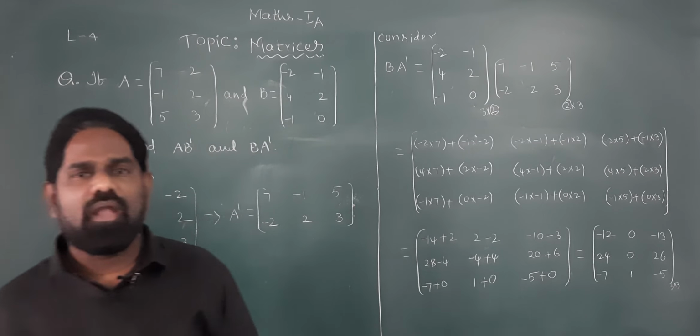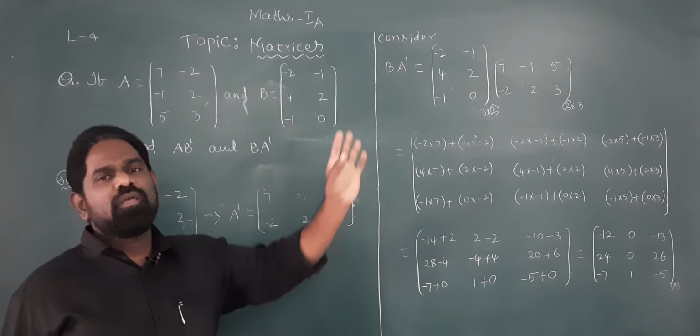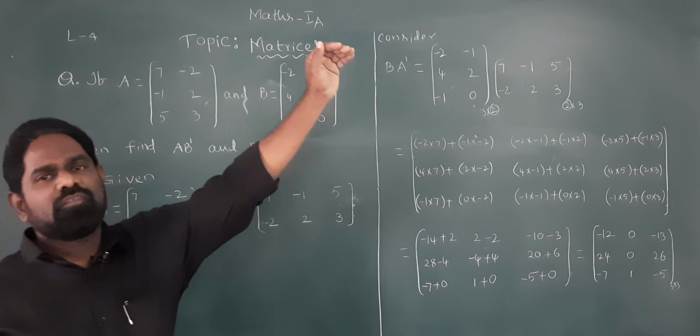What is the first matrix? We take B first, next A transpose. In that, B is the first matrix and A transpose is the second matrix.